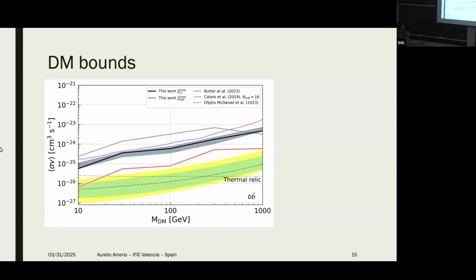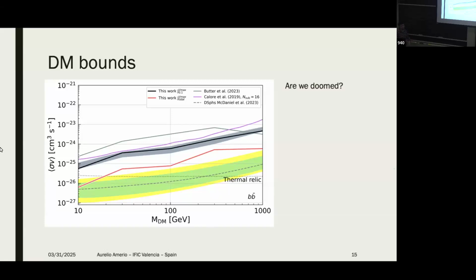And over here are some other bounds that are often cited in literature that come from an entirely different approach, where instead of trying to infer or simulate the number of dark matter subhalos, you just say, okay, I fix the number of dark matter subhalos to a somewhat reasonable number, in this case 16 because they choose so, and you derive bounds on how large the annihilation cross-section can be. Well, yeah, of course, the bounds from dwarf spheroidal galaxies are much stronger.